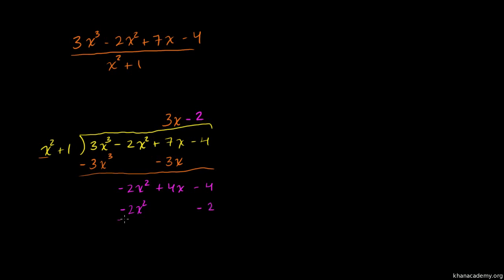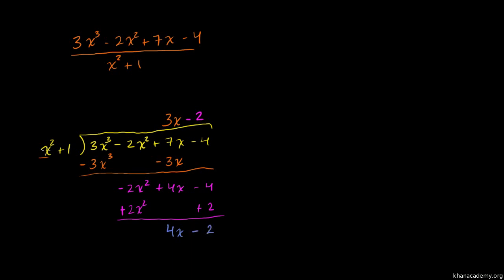Now, we're going to want to subtract these from there. So let's multiply them by negative 1, and those become positive. These two guys cancel out. 4x minus 0 is 4x. Negative 4 minus negative 2, or negative 4 plus 2, is equal to negative 2.